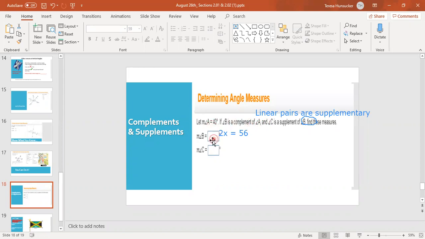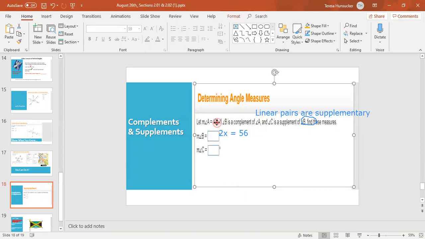What's the measure of angle B? Well, if angle A is 40 plus angle B equals 90, then all you have to do is subtract 40 from 90. So that means the measure of angle B is 50 degrees.